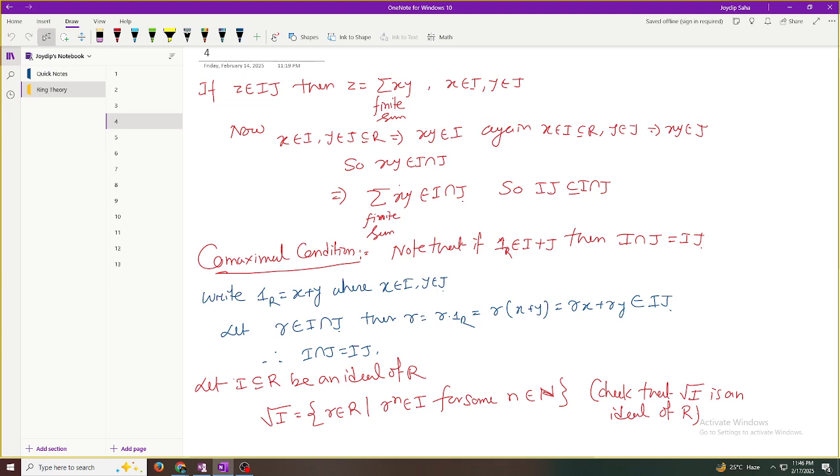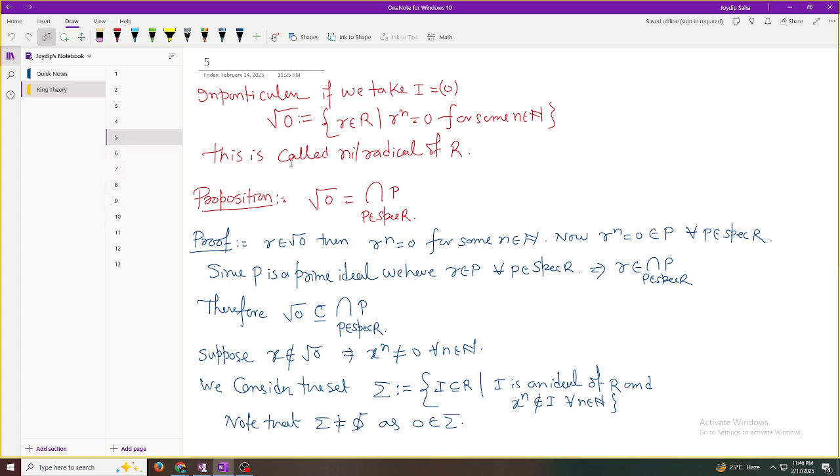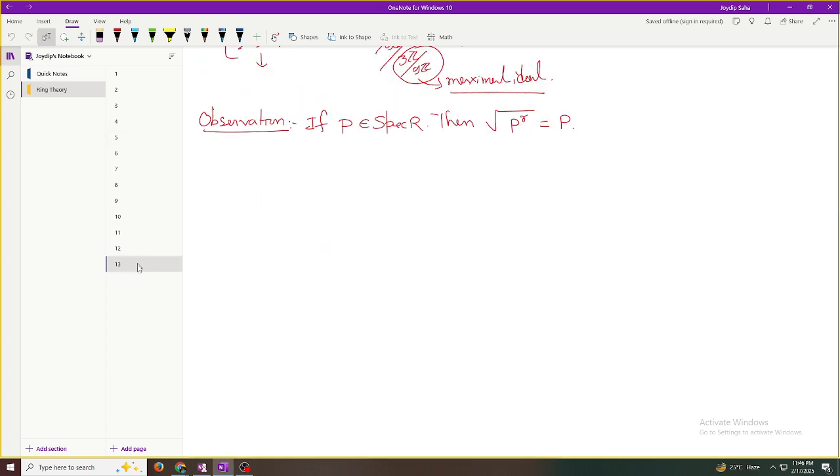And we have a fantastic result: the nil radical. If you take I equal to 0, this is called the nil radical, and the nil radical equals the intersection of all prime ideals.